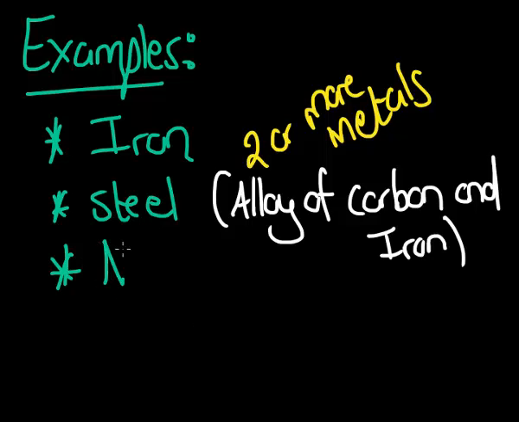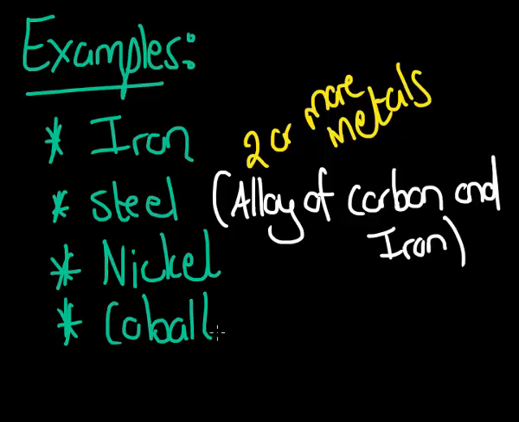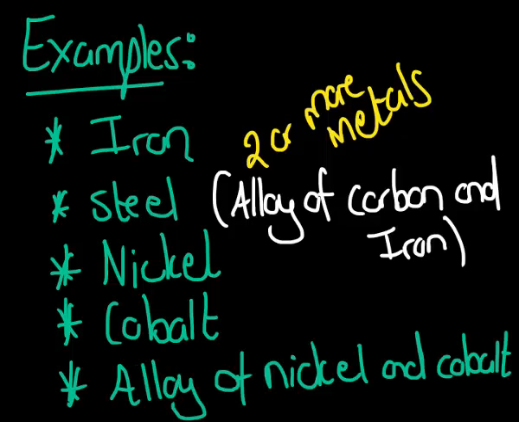Another very important type of magnetic material is nickel as well as cobalt. Now obviously any other type of alloy containing nickel and cobalt will also be magnetic. So our basic main three types of elements are iron, nickel and cobalt, and then their respective alloys which contain these specific elements will then also be magnetic.